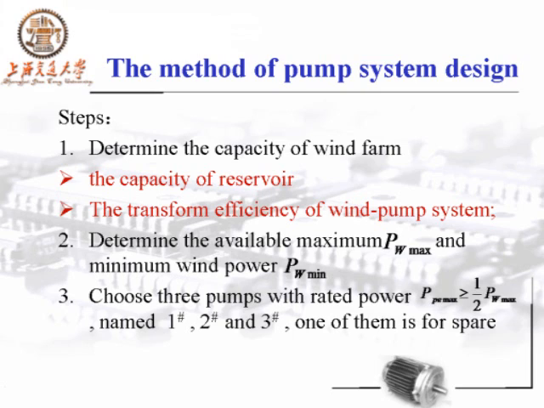We must consider two conditions: one is the reservoir capacity, and the other is the transform efficiency of the wind pump system, to determine the wind farm. And then determine the available maximum wind power and the minimum wind power.